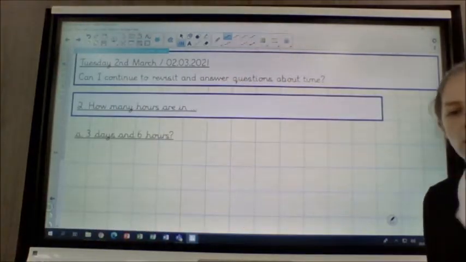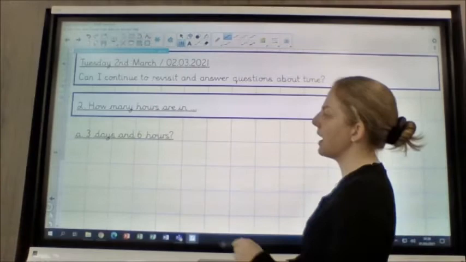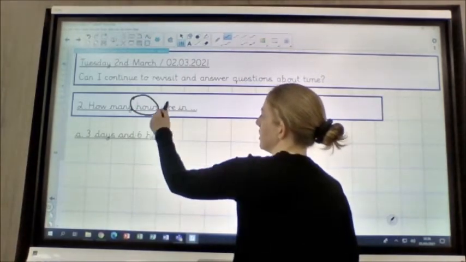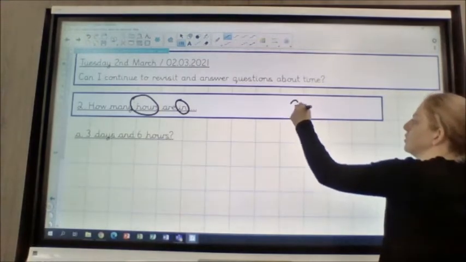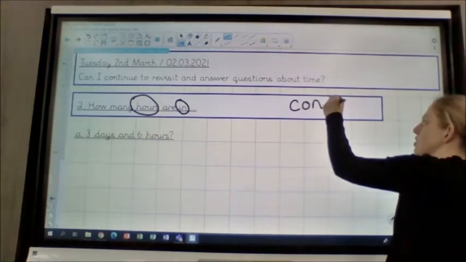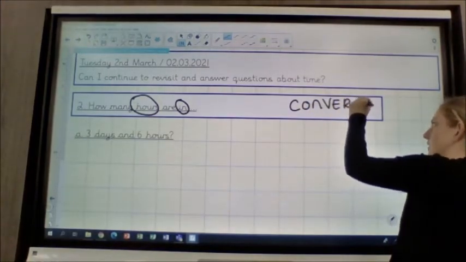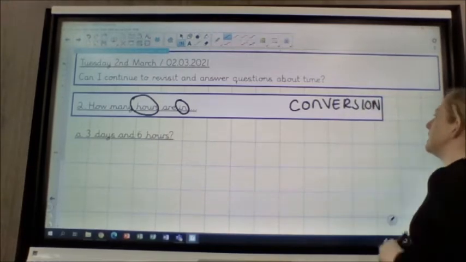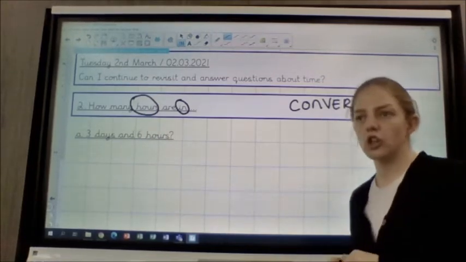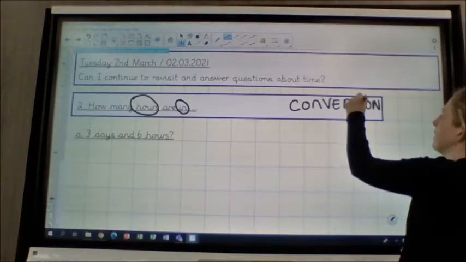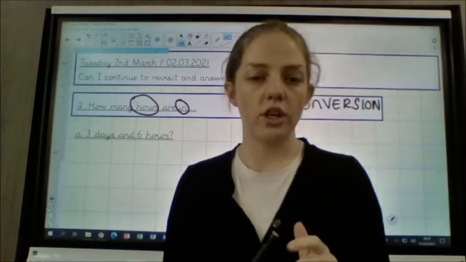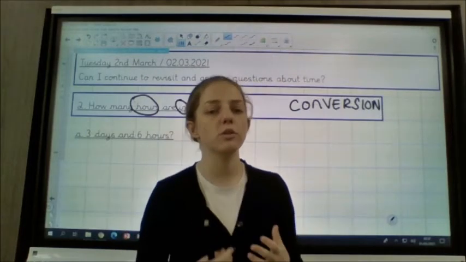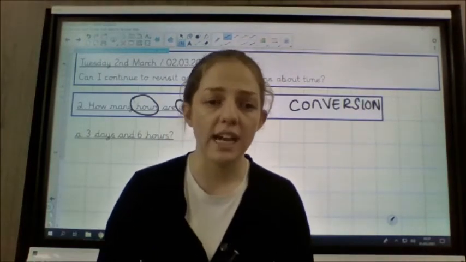So moving on to question 2, it's asking you how many hours are in something. So straight away I know I'm going to have to do something called conversion. Now you've all done a really good job of conversion already from last week's lessons, where you were having a go at converting your answers, and you were doing it when you were doing measure, and you've done it when you've done time as well.